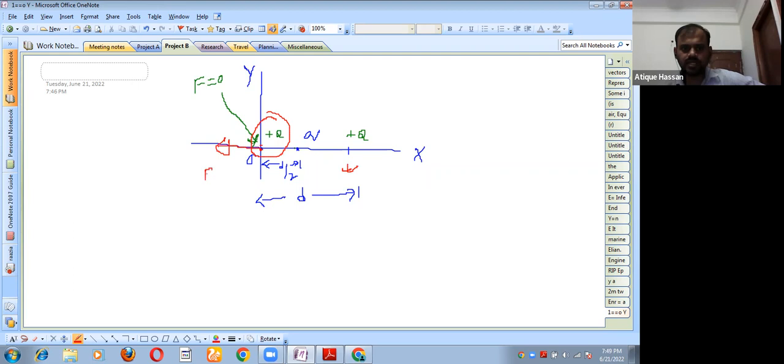So the force on the charge placed at the origin, due to this charge, must be towards left, because both the charges are positive. Have you got the direction of force due to capital Q? It should be towards left.